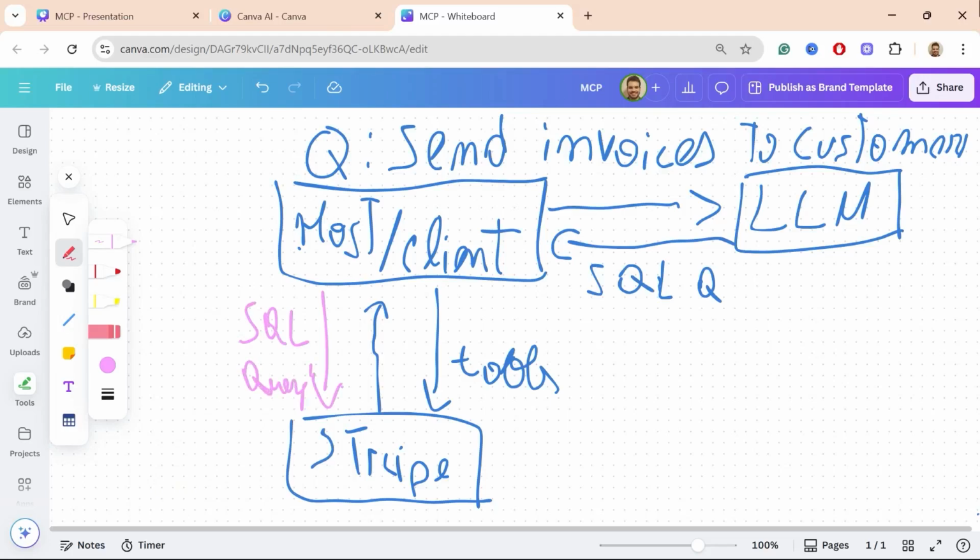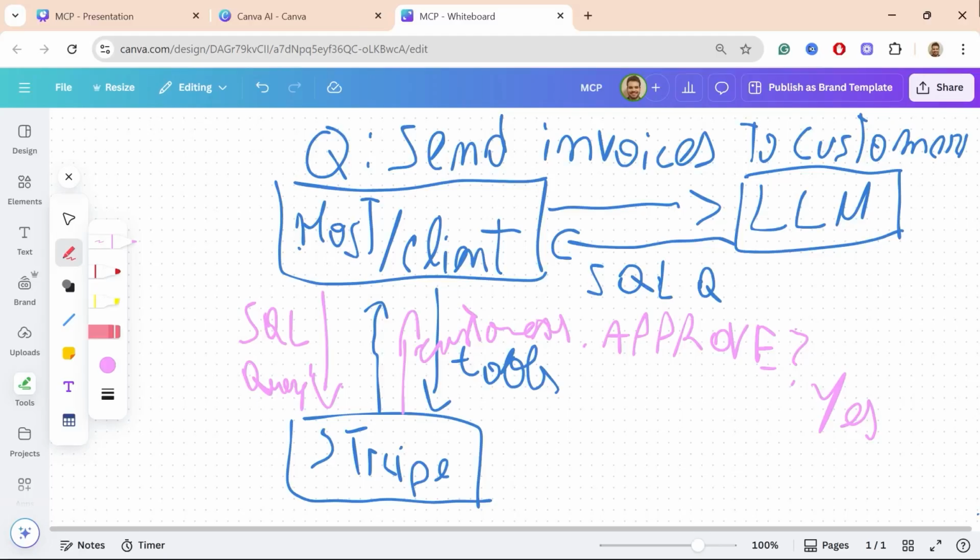And then Stripe is going to say, hey, I have the customers. And then it would ask, do you approve? It's a double check with Stripe because there are so many safety options. So this goes to the host, and then we would say yes, and this would complete the process.